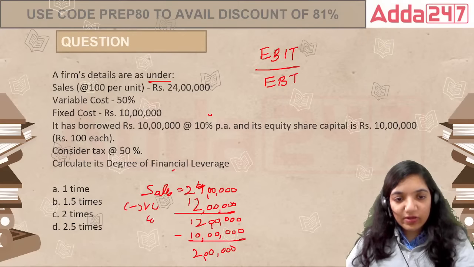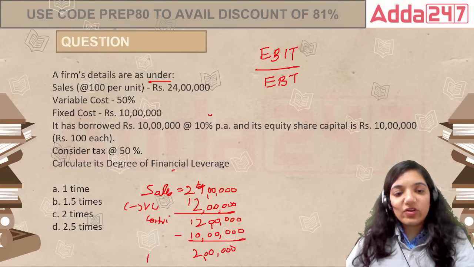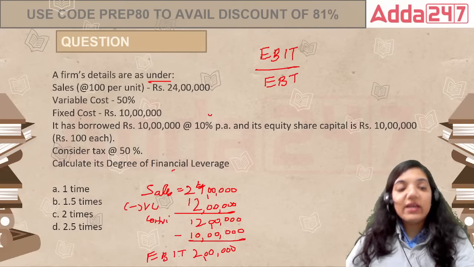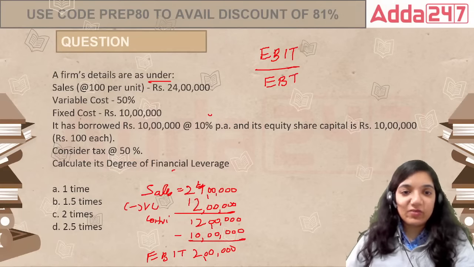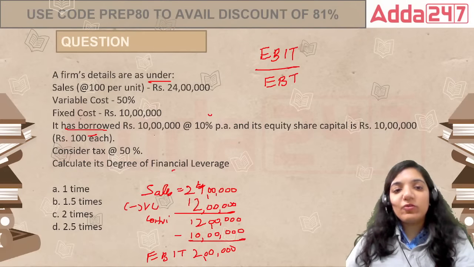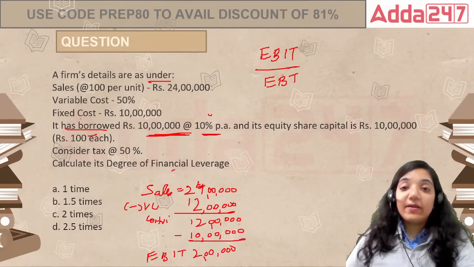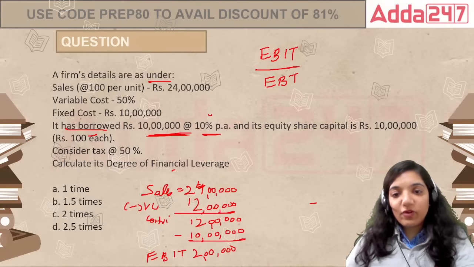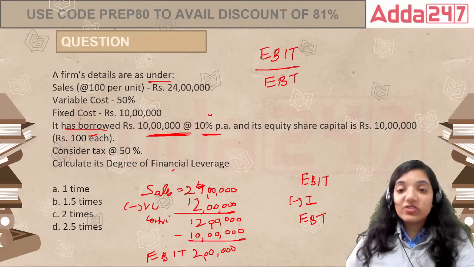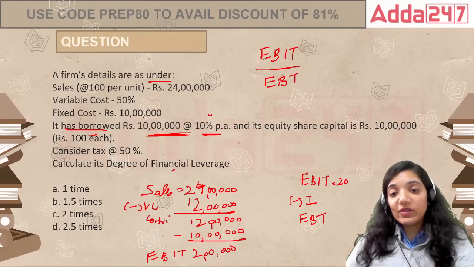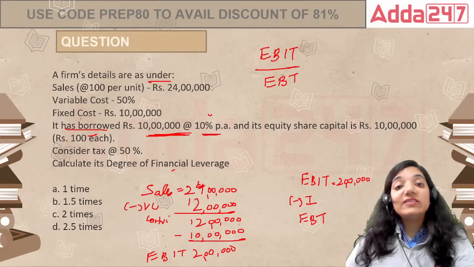This is your contribution, and this is your EBIT, earning before interest and tax. Now they want earning before tax as well. In this case, it has borrowed 10 lakh rupees at the rate of 10% per annum. From this EBIT, you remove the interest, and you will get the EBT. So it would be 2 lakh rupees minus your interest.